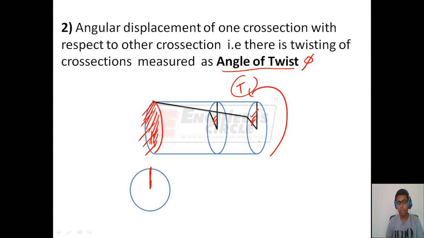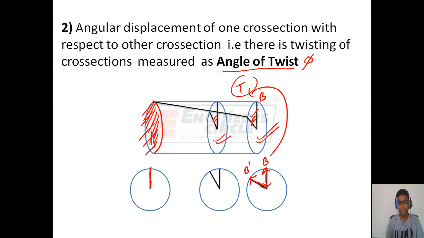But if you consider this cross section at the free end, then after the application of twisting moment, this line has now rotated to this line, that is point B has now moved to point B dash, because the cross section has twisted, and this cross section is shown here.